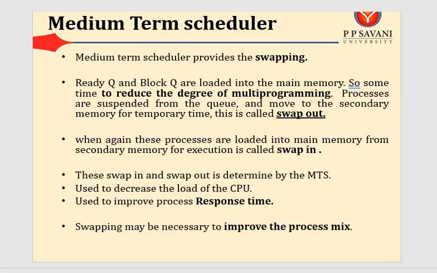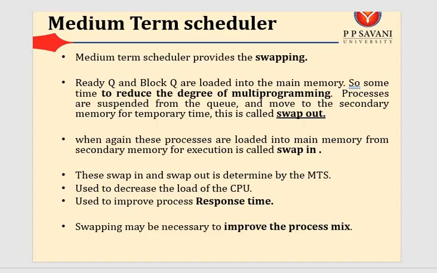Now let's discuss the medium term scheduler. Medium term scheduler provides swapping. Swapping means a process resides between main memory and secondary memory. Ready queue and block queue are loaded into the main memory.